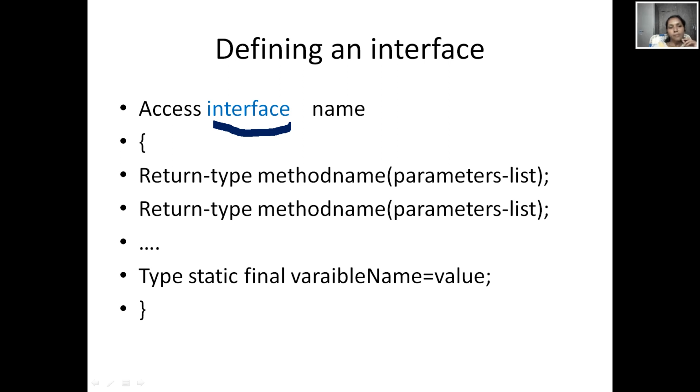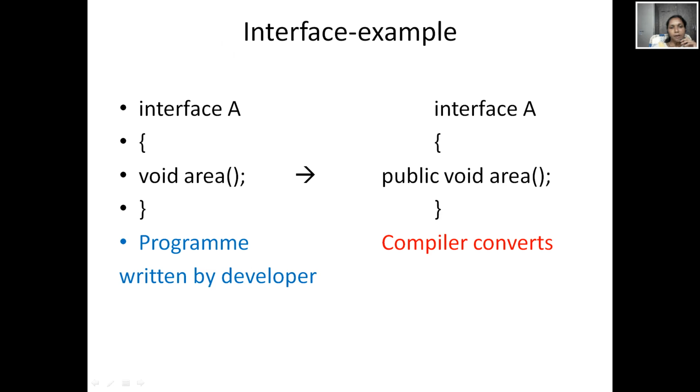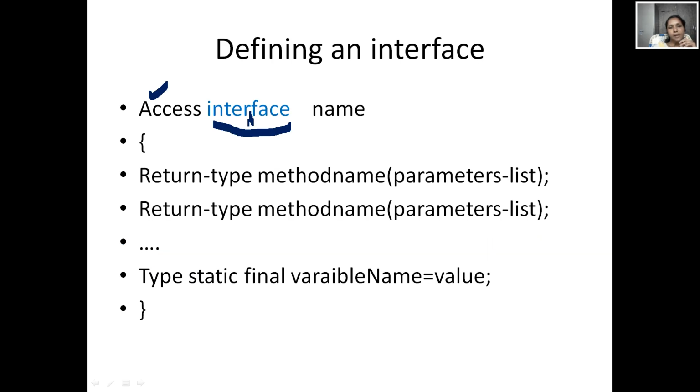If you do not specify anything, then it will have the default access specifier. So you can specify the access specifier as public, private, protected, or default. A class is declared with the keyword class, and an interface is declared with the keyword interface followed by the name.